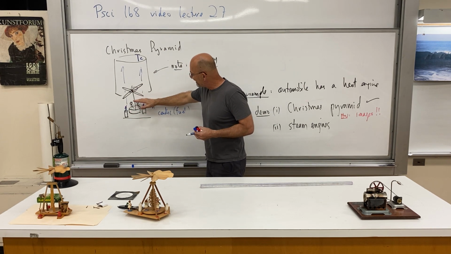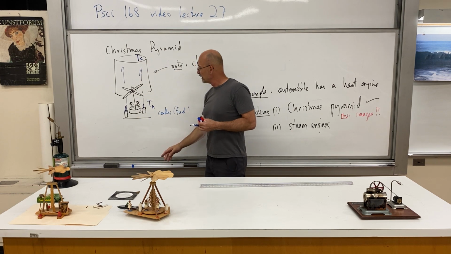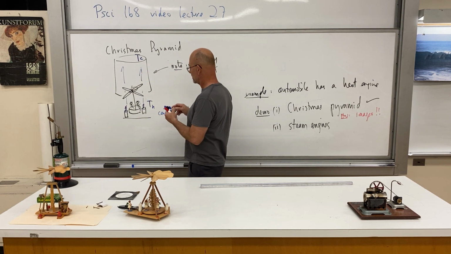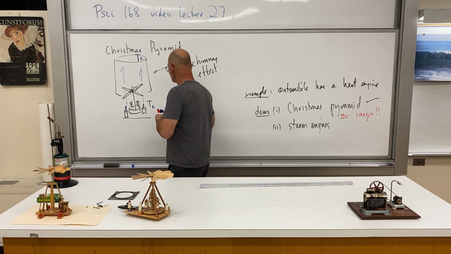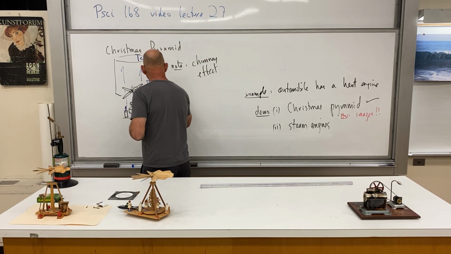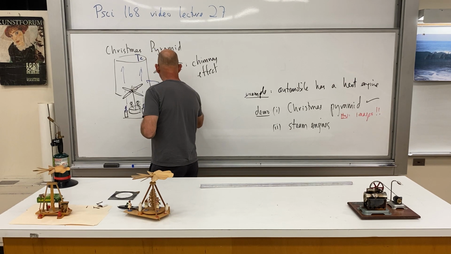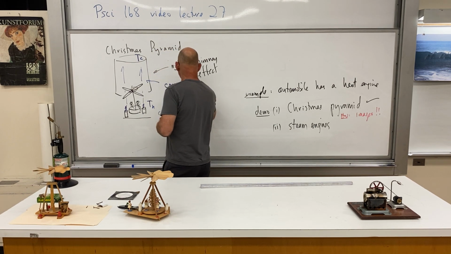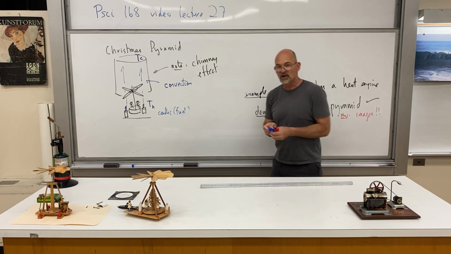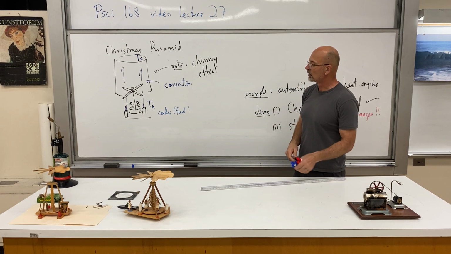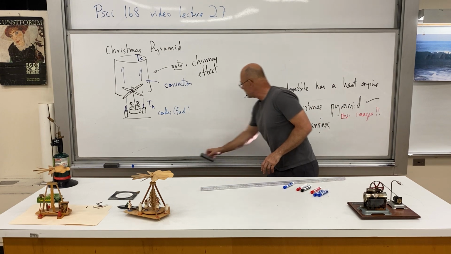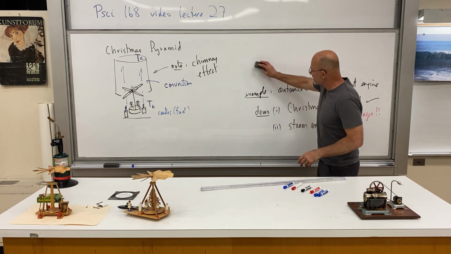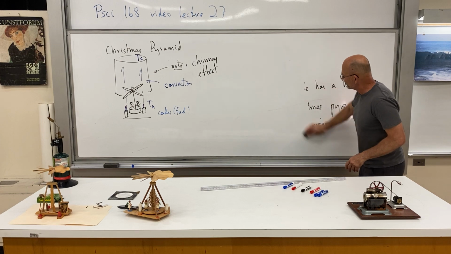Okay? You definitely need that temperature differential, and that's a convection current. And so I have the chimney effect there, but I'll also write convection. That's heat transfer by convection, but it's also doing some useful work for us. Okay, I'll do a little diagram of the steam engine as well now, and then we'll call it good.